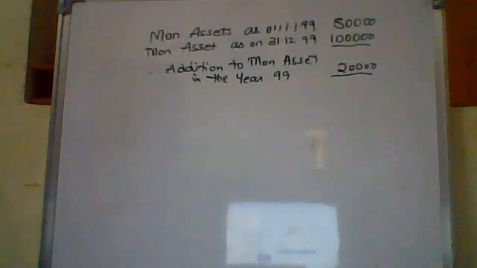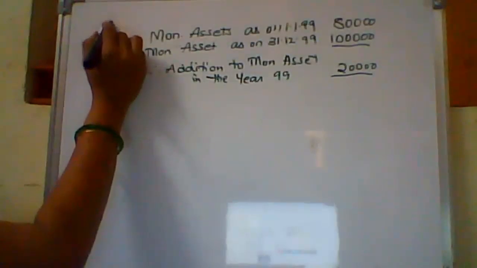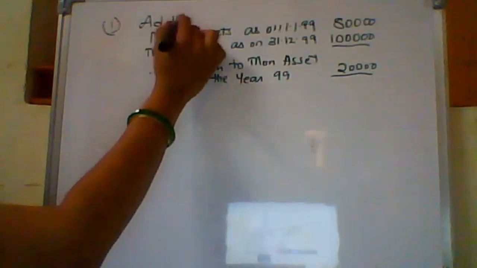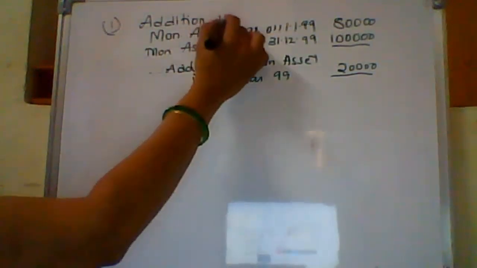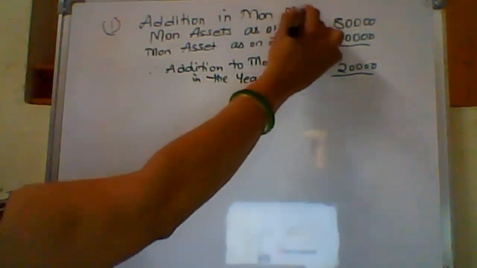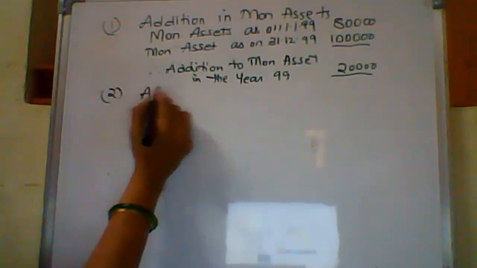So first I'm finding out how much are the additions which are made in 1999. This is point number 1, that is finding out additions in monetary assets. Point number 2.